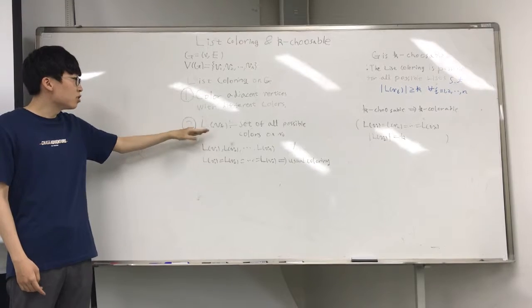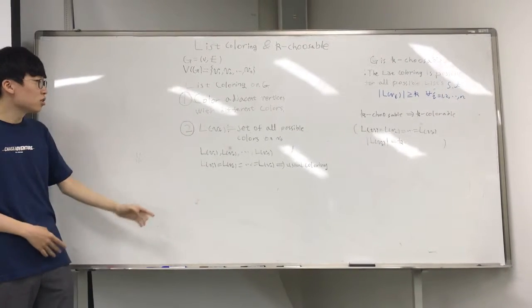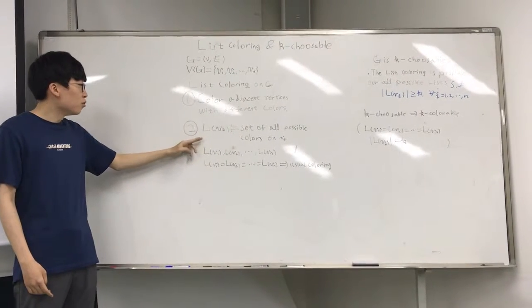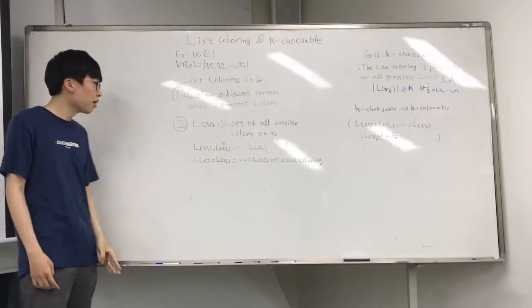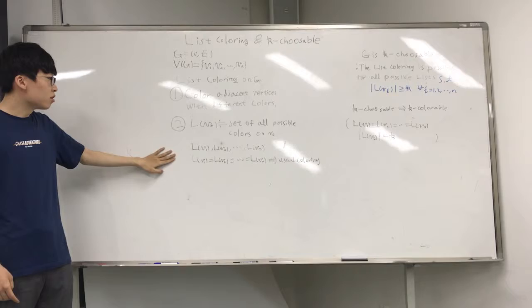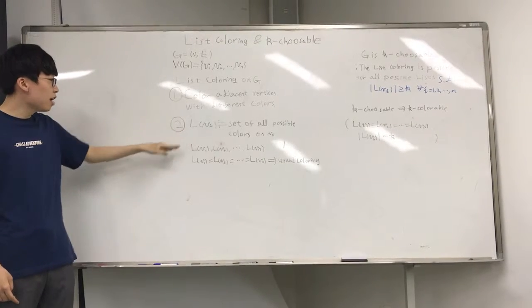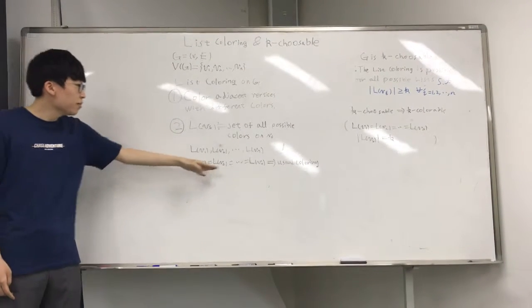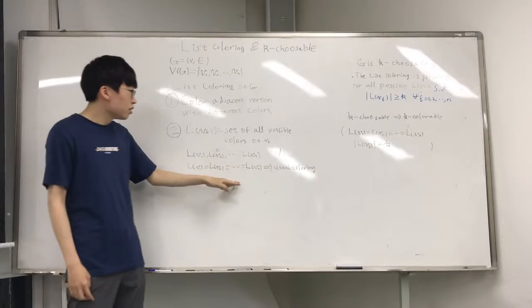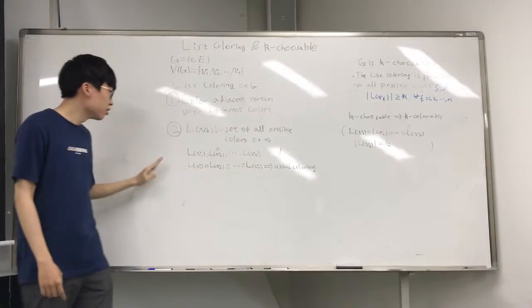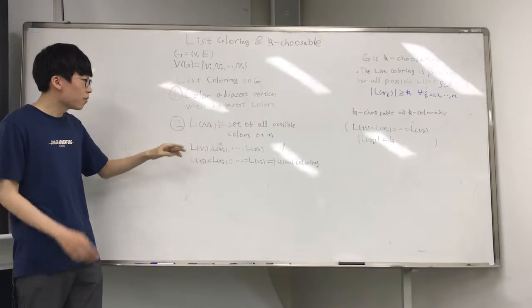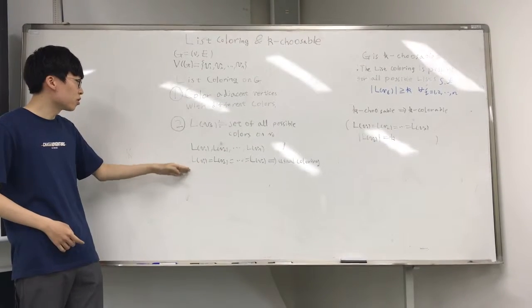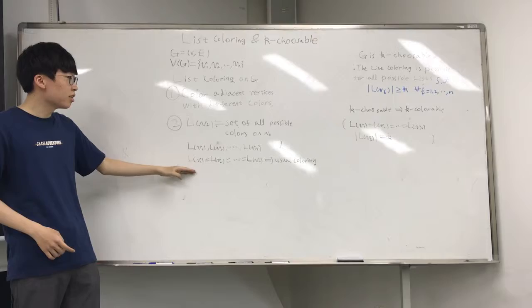We set a list of possible colors for each vi. We define L(vi) to be the set of all possible colors on vi. If the L(vi) are all the same, then this is the usual coloring, since it is k-coloring where the cardinality of L(vi) is k.